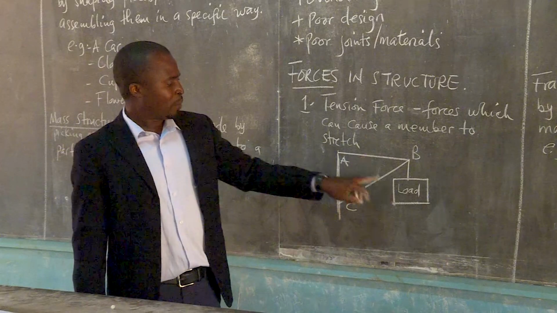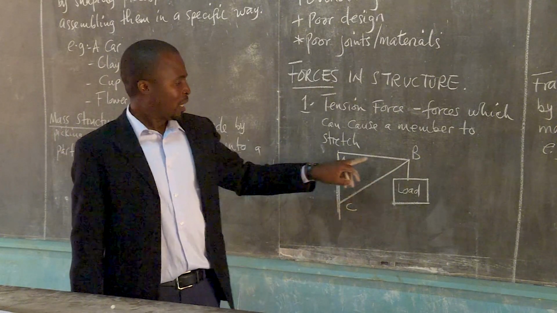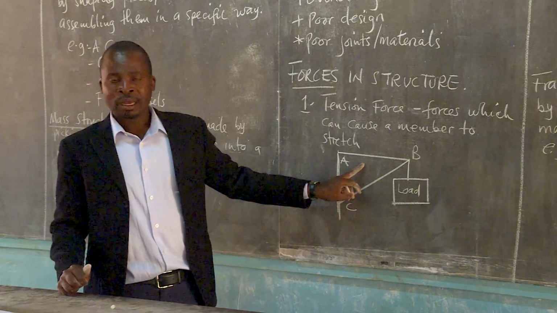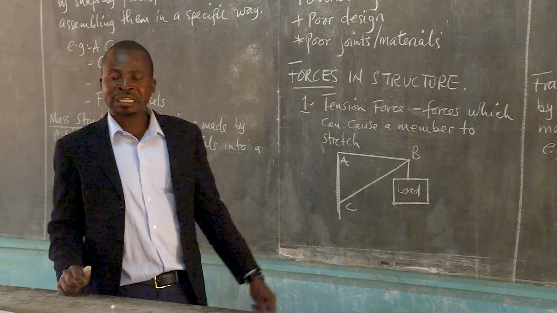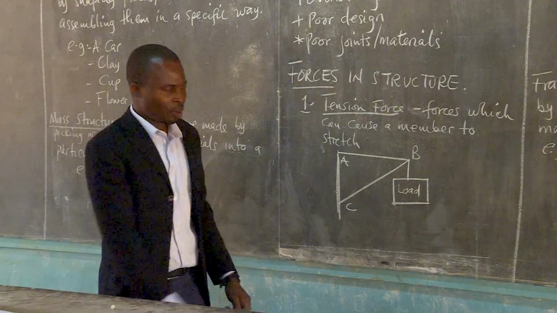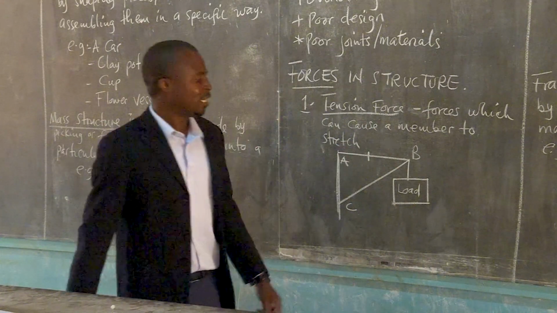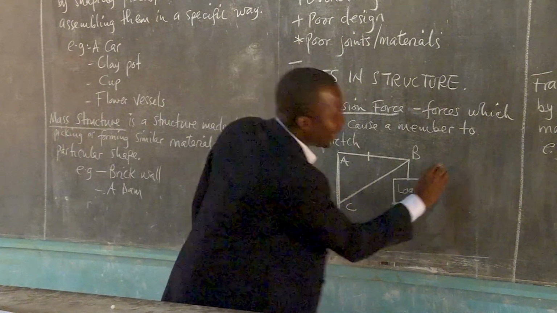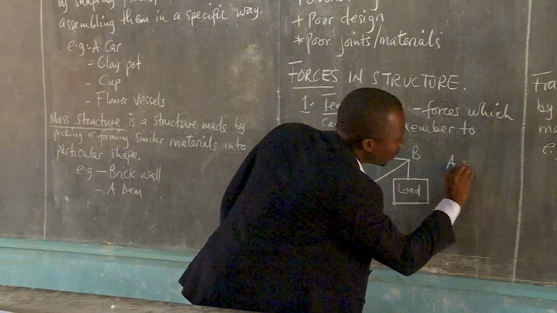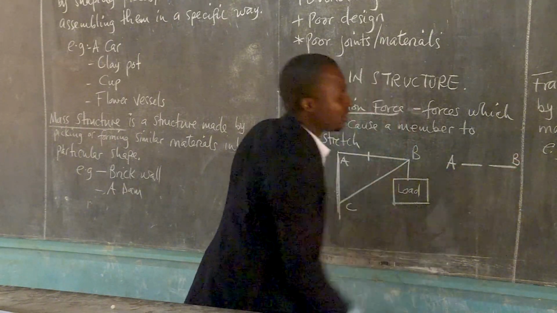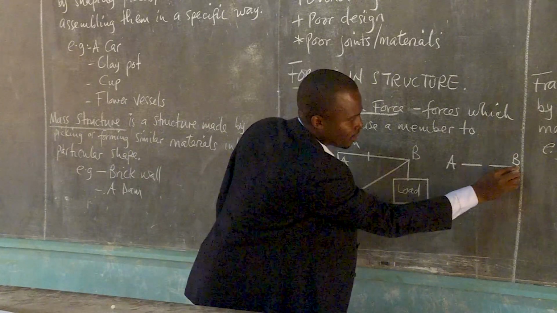This member, because of this load, A, B, is stretching. As it is stretching, it is undergoing tension forces. When it breaks, it is not going to stay the way it is. Due to tension, A, B will be like this, then we have our B there.